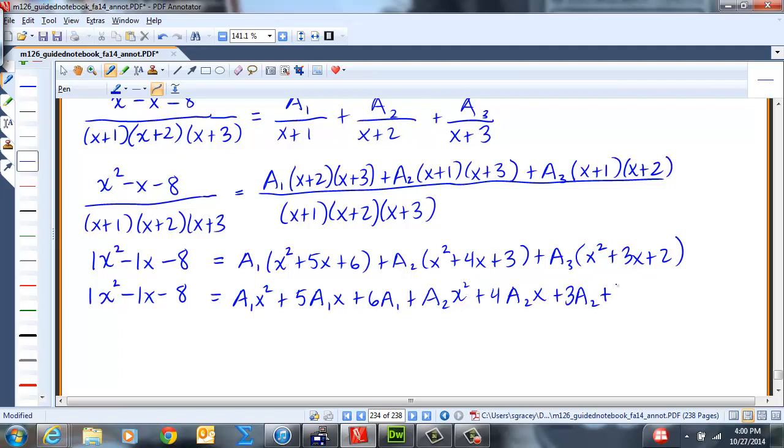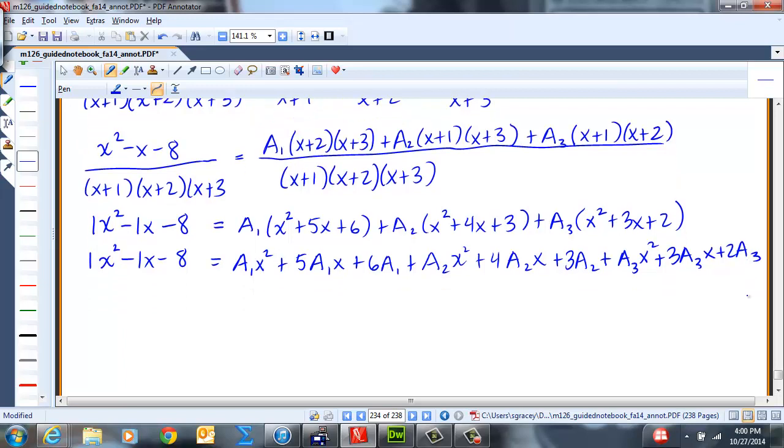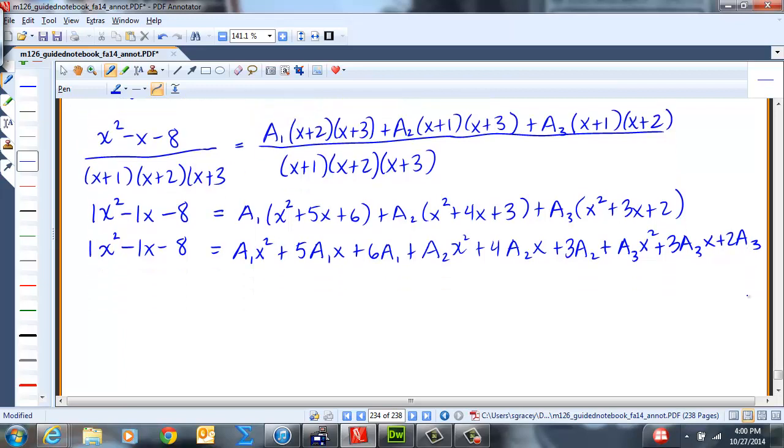And then we'll have a3 times x squared plus 3a3 times x plus 2 times a3. So now we have x squareds, we have x to the 1, and we have constants.